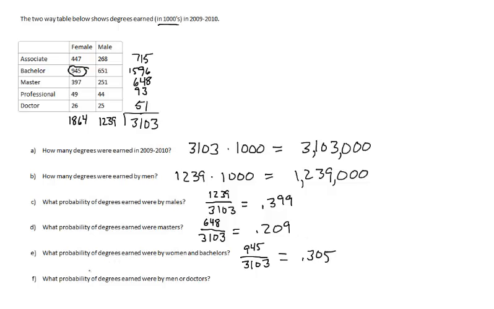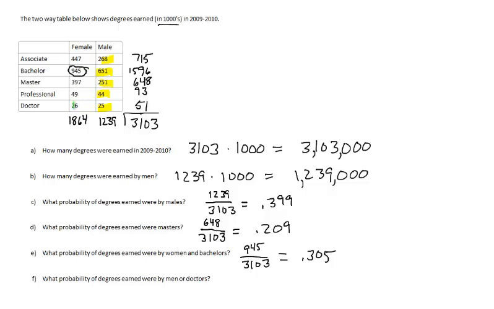Now we have, what is the probability that degrees earned were by men or doctors. Now we have an or instead of an and. So we go to the male column, which is 1239, every one of these numbers. And then we also have or doctors.